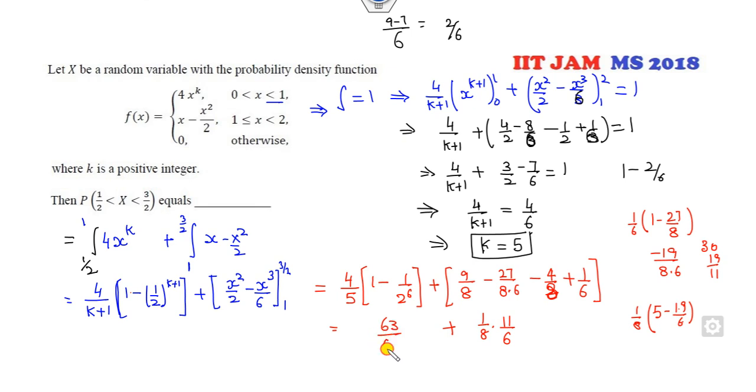It's 63 over 64, 4 over 5. Fine. Now you can do the calculation. So 1 over 16 I can take as common. It's 63 over 5 plus 1 over 8. Now after the calculation you will get the required answer of this problem.